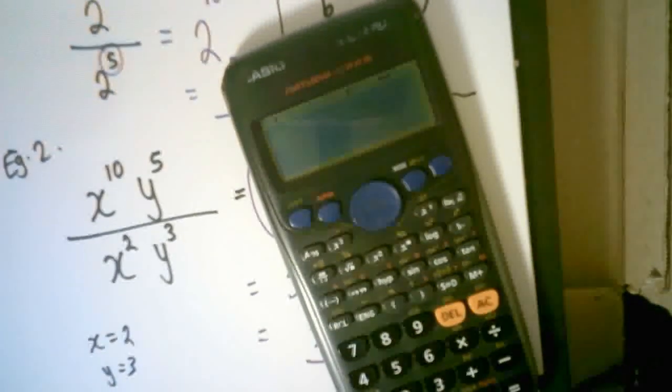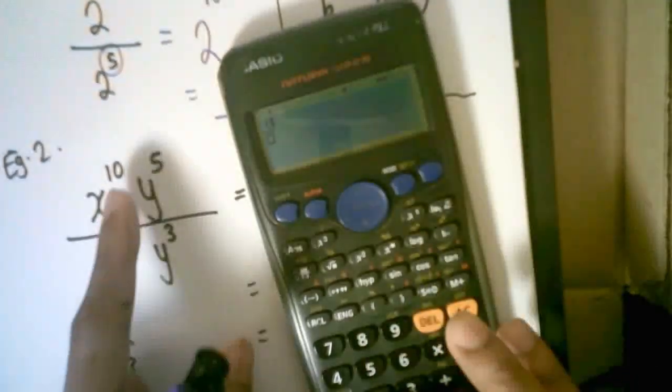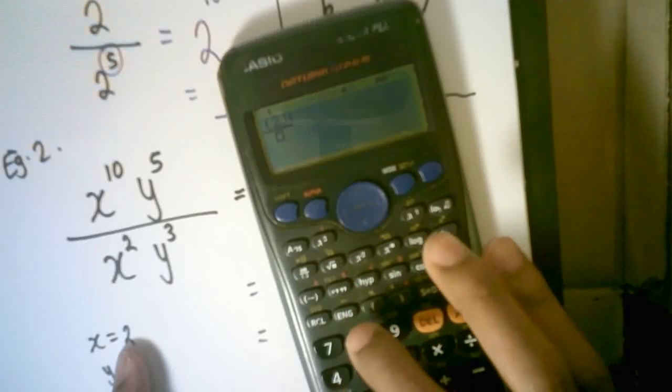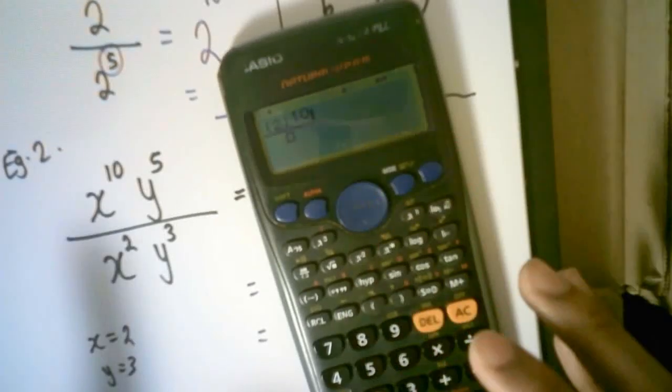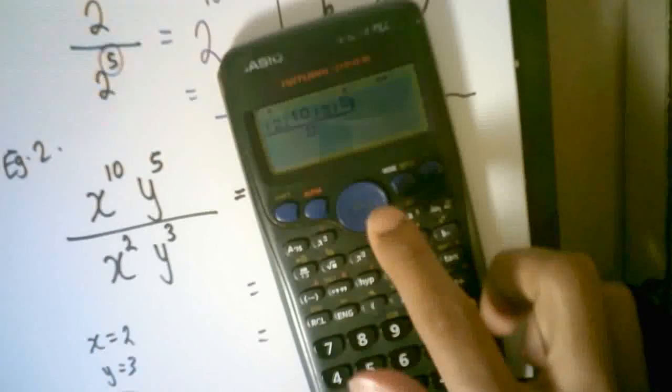Now this is just for my own record, just to see if my work is correct or not. So wherever I see x, I'm going to substitute x for 2. Wherever I see y, I'm going to substitute 3 in the place of y. And whenever it comes to substitution, we use brackets. So it's going to be x raised to the power of 10, so that's actually 2 raised to the power of 10, times y raised to the power of 5, which is 3 raised to the power of 5.